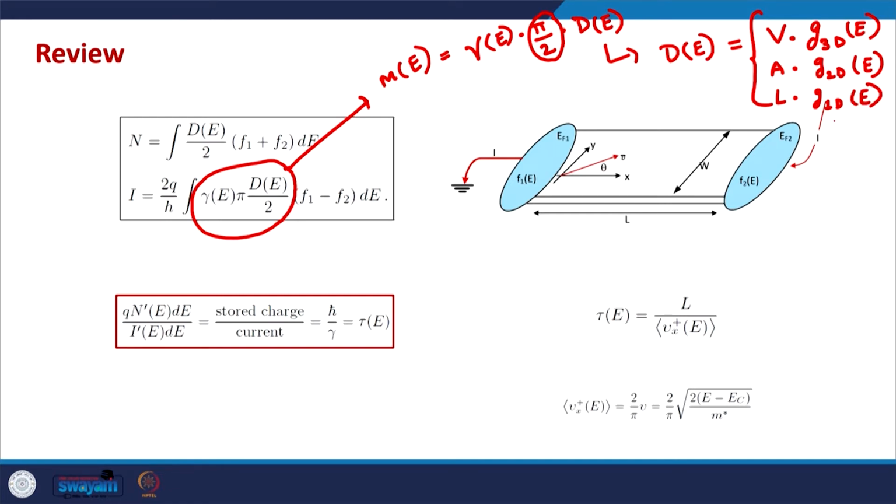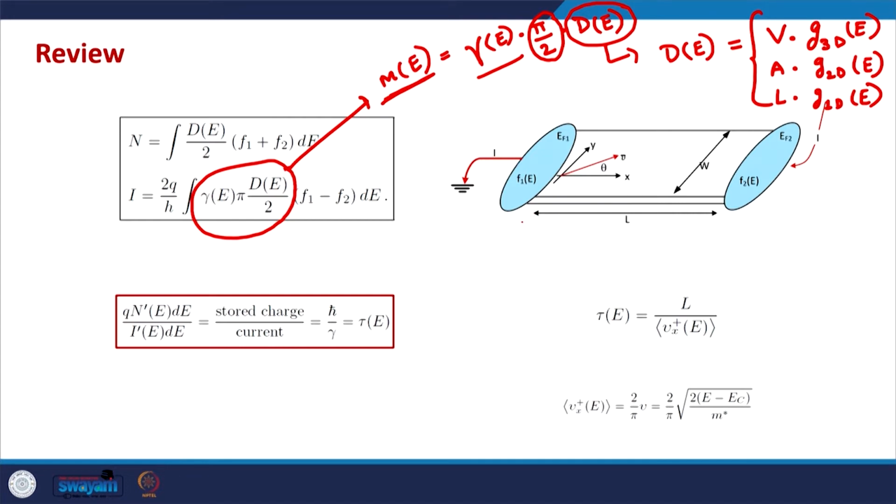Now we also saw that in order to see how this quantity looks like, we need to know what the gamma E is in the device, because we already know the dE parameter. We just need to know the gamma E parameter, and in order to calculate it, we started with a description of a 2D channel.